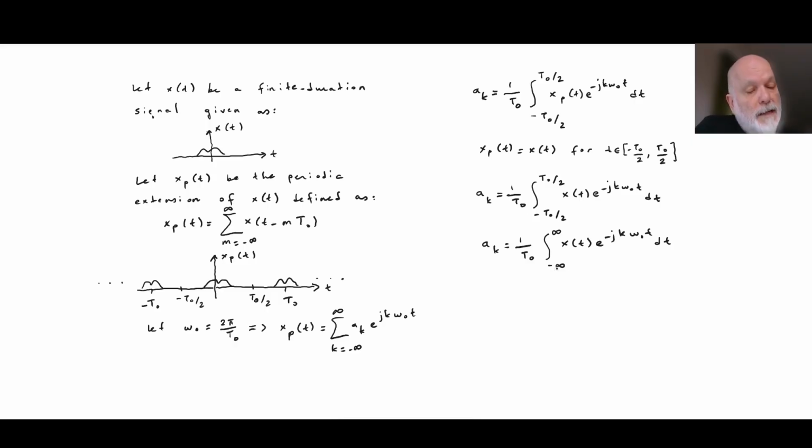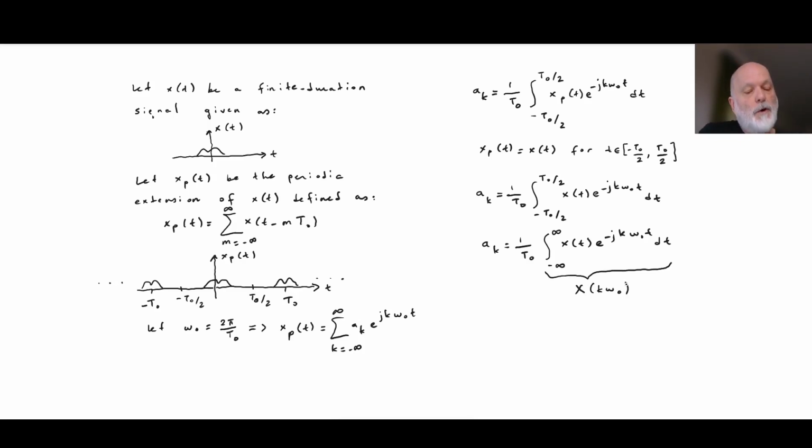integrated with respect to t. But we recognize this expression here as the Fourier transform of x of t evaluated at k omega 0. So this expression is simply capital X of k omega 0.